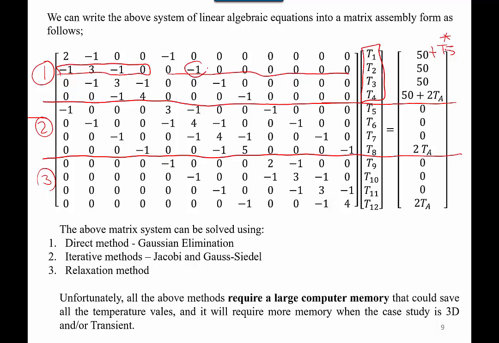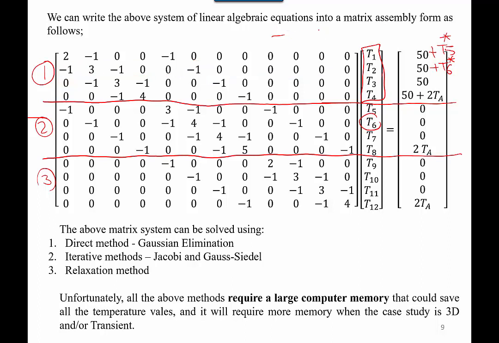The only number we have here is minus 1, since it is the sixth element in the second row, it will be multiplied by T6, and it will be minus T6, and when we transfer it to the right side, it will be plus T6 star also.